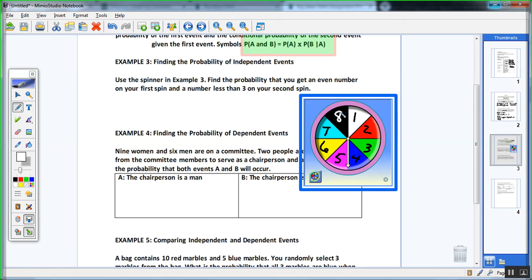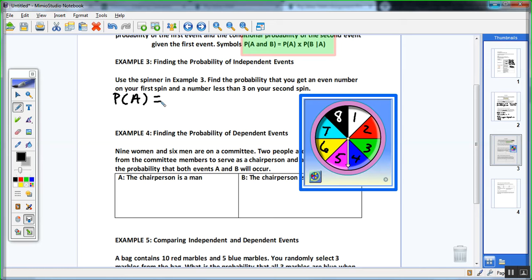What are we trying to have happen first? Trying to have an even number happen first. So event A, the probability of A happening is equal to, what's the probability of getting an even number on the first spin, kids?